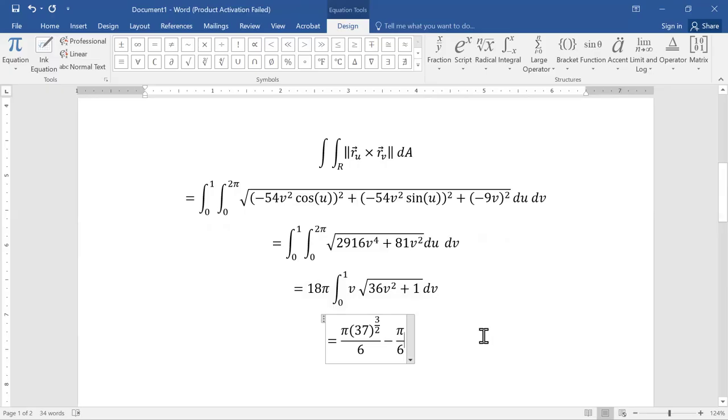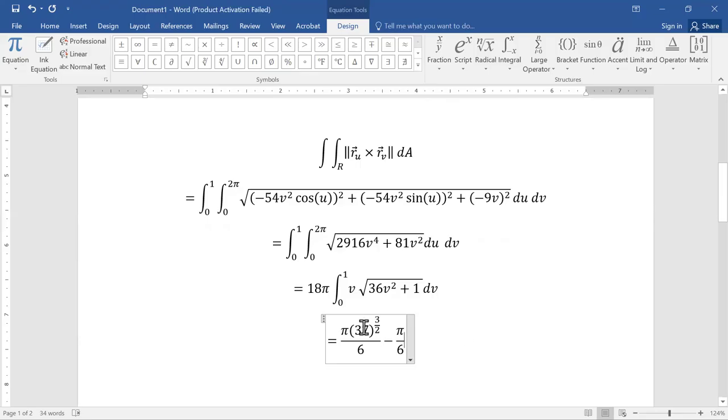So that is the surface area of the paraboloid above the xy plane. Remember, we are finding surface area here, and so that is the surface area in this case.